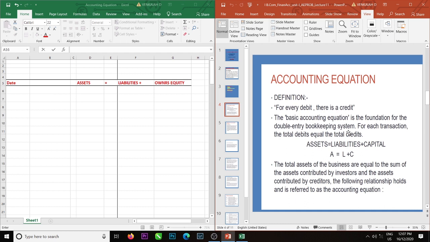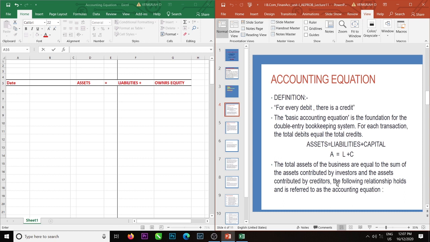So before that, this practical will help us understand double entry bookkeeping. The equation explains like this: assets are equal to liabilities plus capital. The assets of a business are equal to the sum of liabilities as well as creditors or capital.